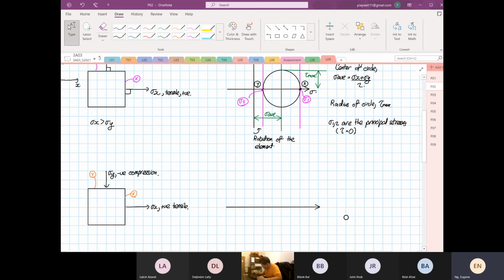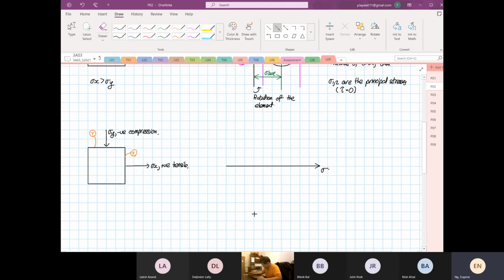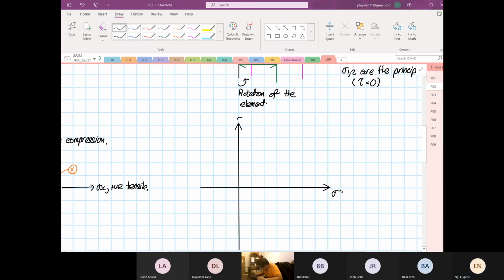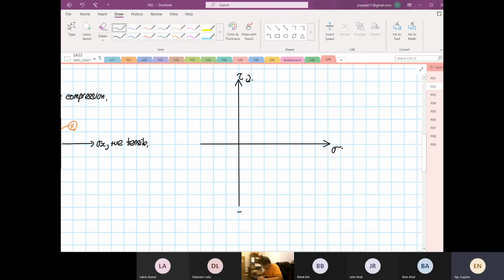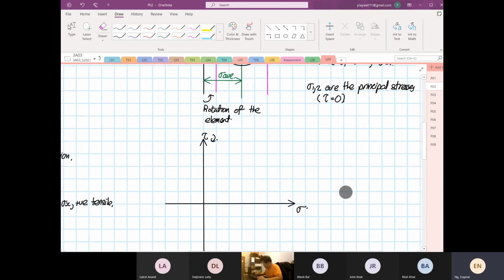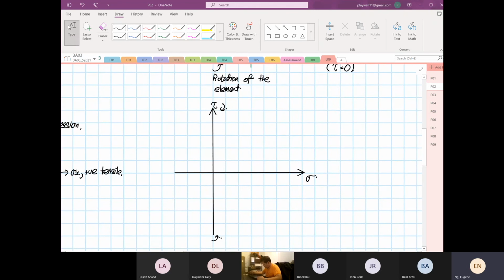Okay, so that is our normal stress, and this is our shearing stress. Element rotate clockwise, element rotate anti-clockwise. Then we are going to call this point our stress X line.